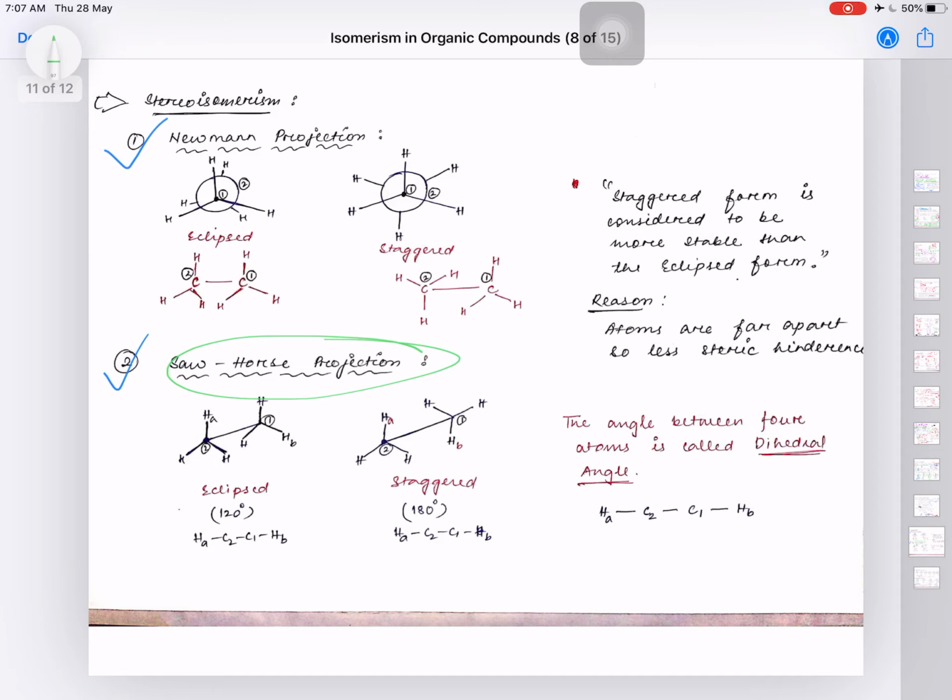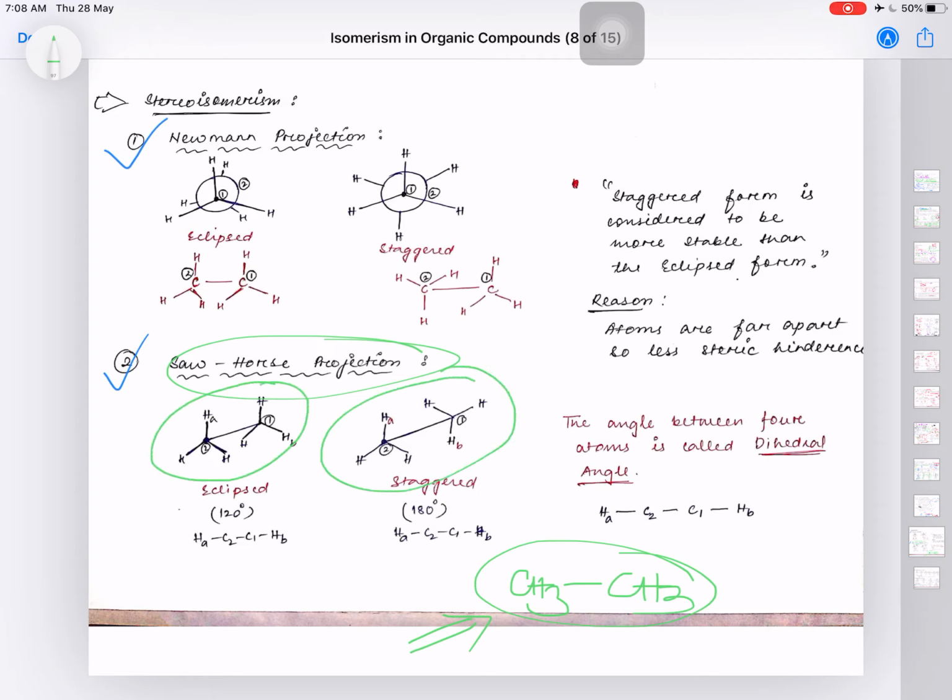Sawhorse means say you have a carbon, say an ethane molecule, say you have CH3. This molecule you will view from the side, a side angle. If you view this from the side, we'll just have these two views.